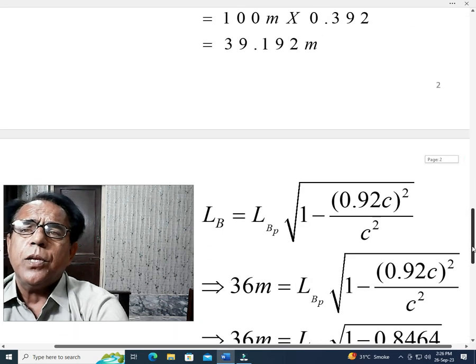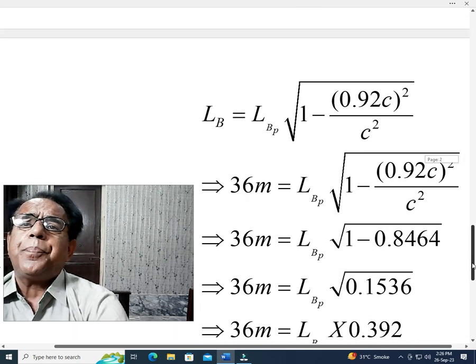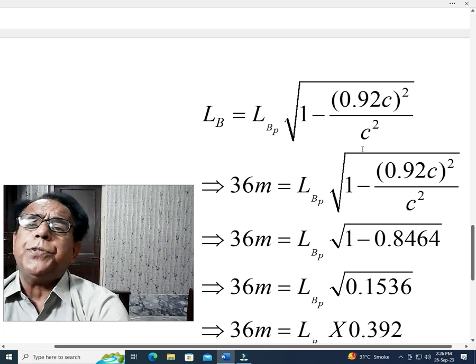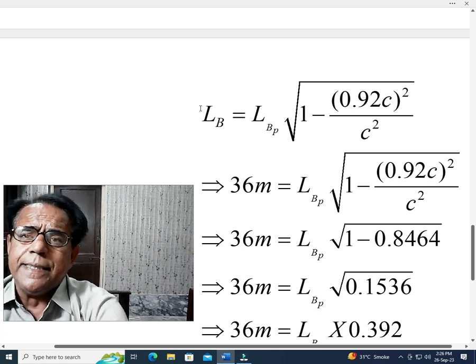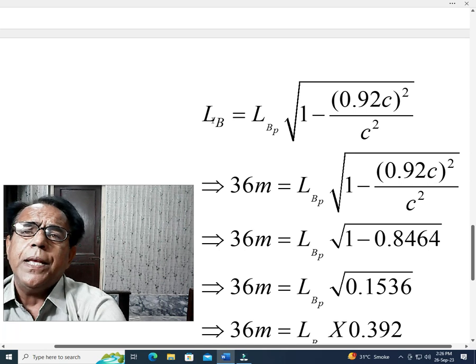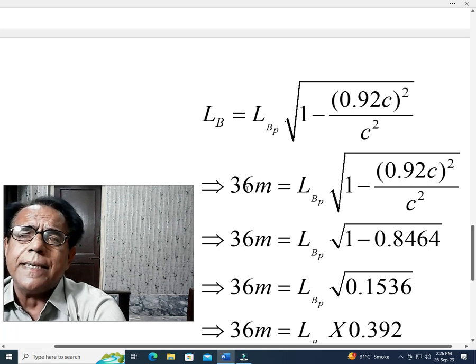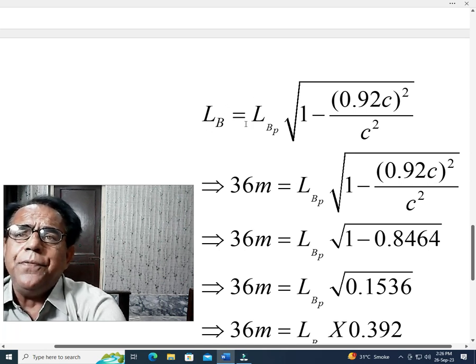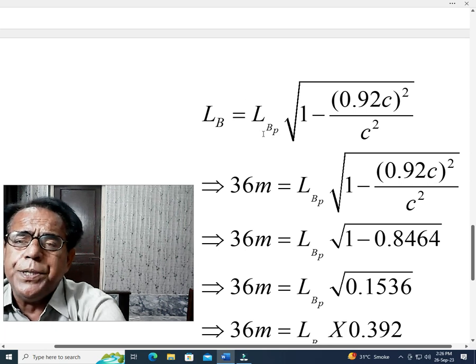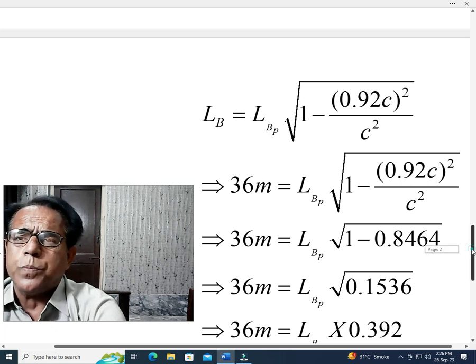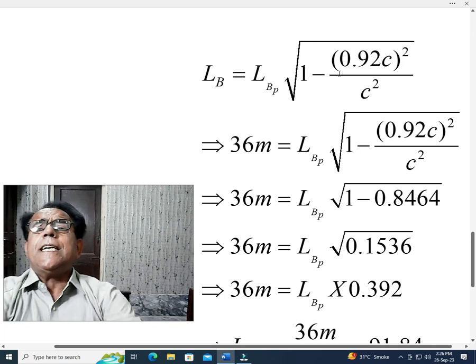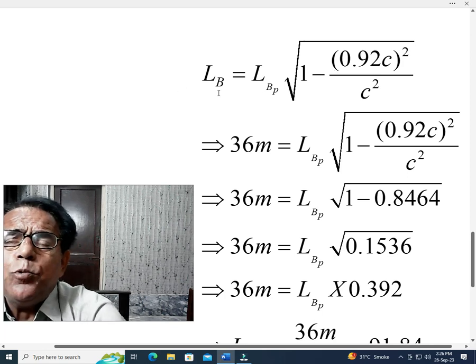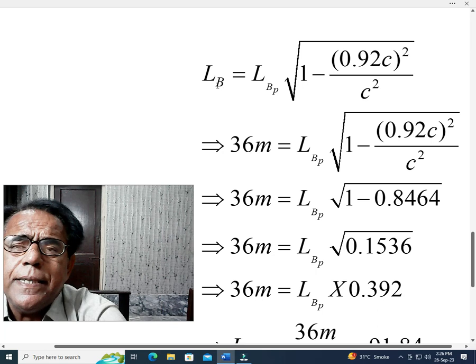According to the statement, the value of L_B is given as 36 meters, while the value of L_BP is yet to be determined. So in this expression we have put the value of L_B, which is provided in the statement.